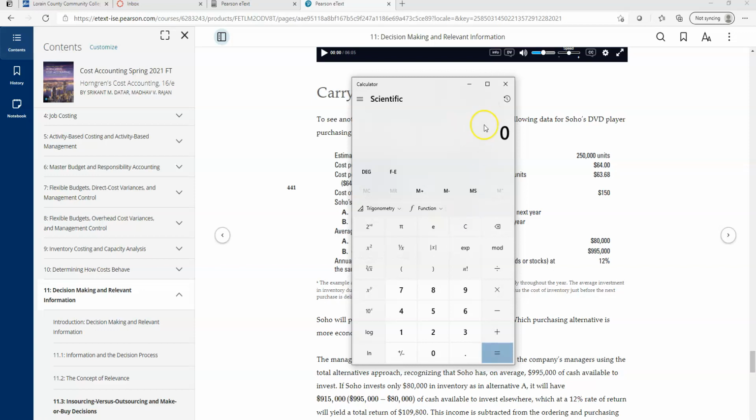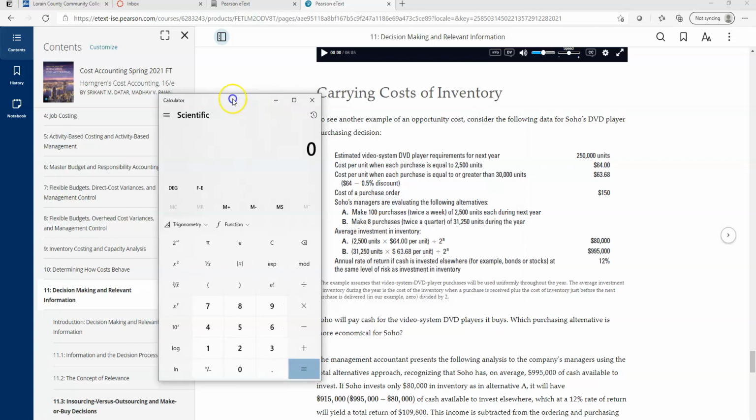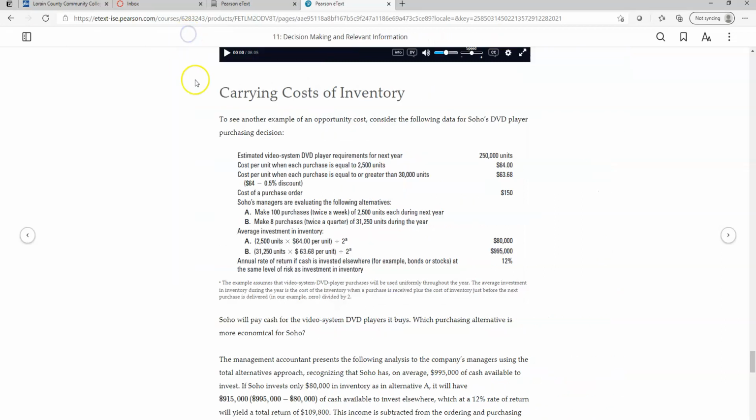But we cannot stop there. Why? Because we have some other things to consider. The cost of a purchase order, which is $100 or $150 per order. So if we make 100 purchases, which would be twice a week of 2,500 units each year, or the other alternative is to make 8 purchases twice a quarter of 31,250 units during the year.